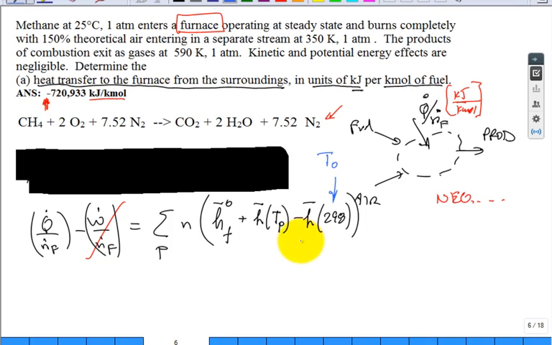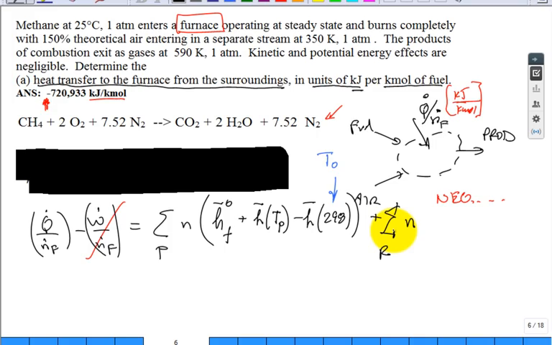Okay, let's continue to write out our equation. So then we do a sum over all the reactants. What is that N? Is that a molar flow rate, or is that a stoichiometric coefficient in our balanced reaction equation? Stoichiometric coefficient. The book probably could have used nu or some other symbol used in chemistry for stoichiometric coefficients, but they didn't.